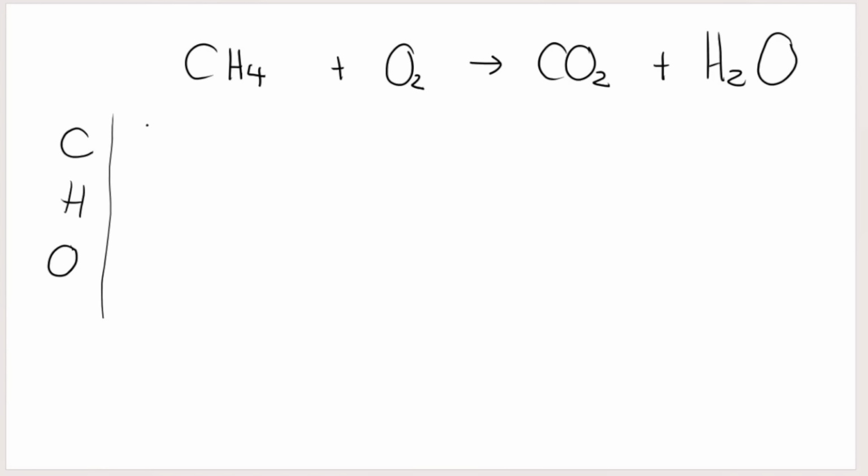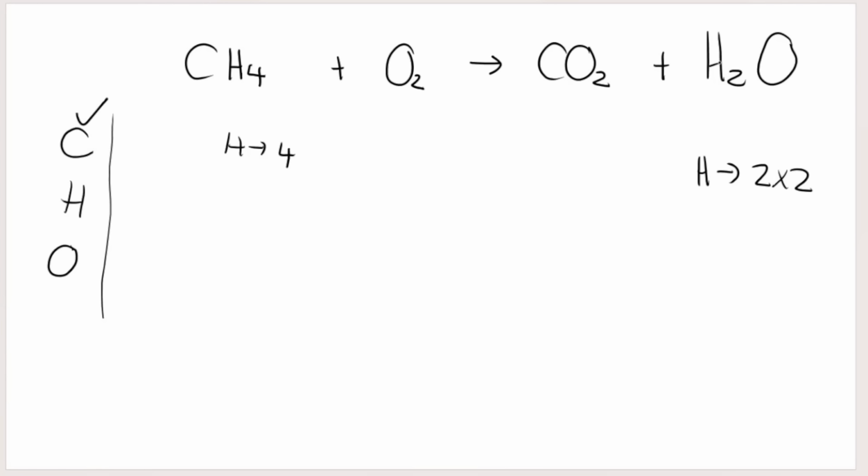So let's do the carbons first. If you look at the balanced equation, we've got one carbon over here, one carbon over here, therefore the carbons are balanced. Hydrogens: there are 4 on this side, and over here there are 2, which means I need to multiply this by 2.